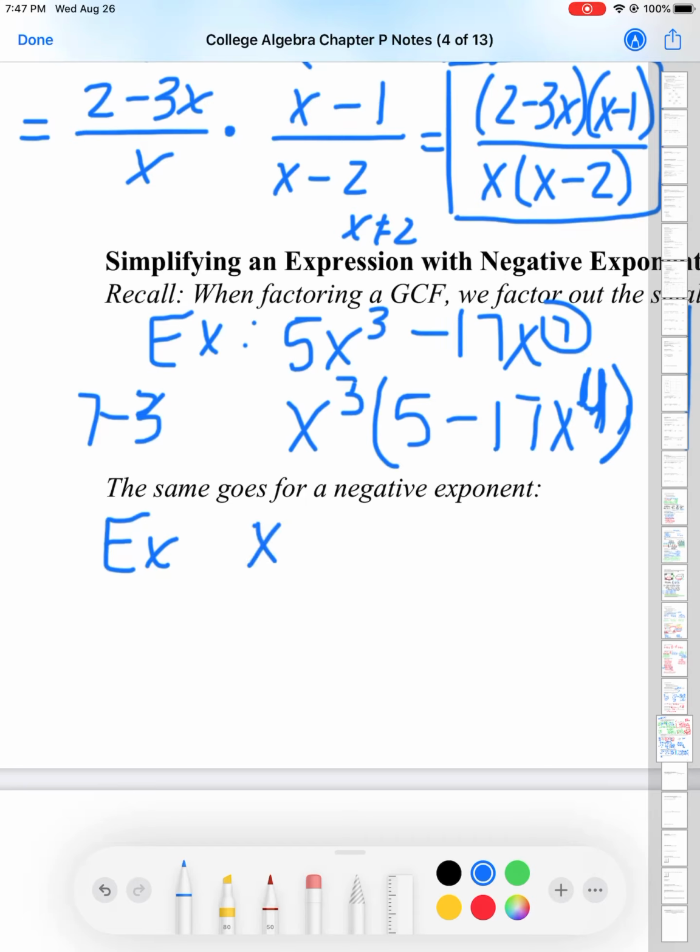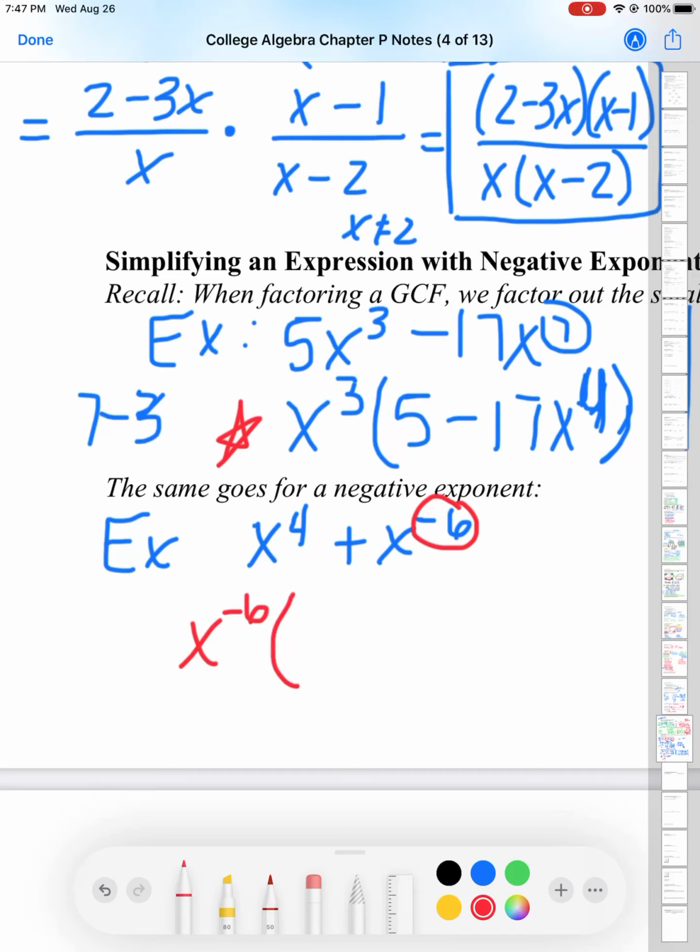If I have x to the 4th plus x to the negative 6th, and I want to factor out a greatest common factor, up here we factored out the smaller exponent. And the smaller exponent in this case is definitely negative 6.